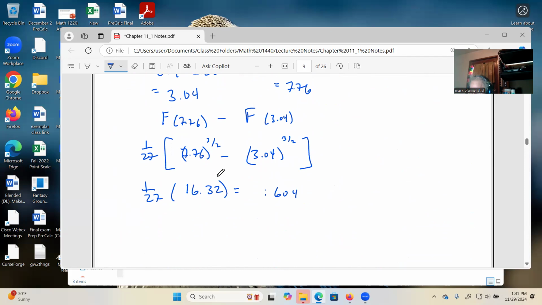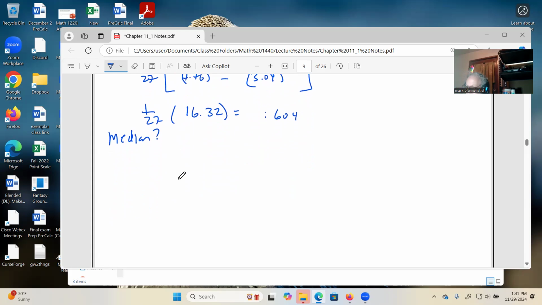The next problem was figuring out where the median was. So where is the median? We have the integral from 0 to m, as opposed to going all the way up to 9, of f of x, and this is going to equal 0.5 or 1/2, whichever is convenient for you.